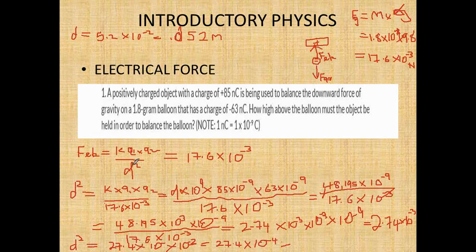The electrical force depends on the separation distance squared, the distance between your positively charged object and your negatively charged balloon. So the electrical force pulling the balloon downward is balanced by the electrical force pulling the balloon upwards to this charged object. That is the concept that you need to grasp.